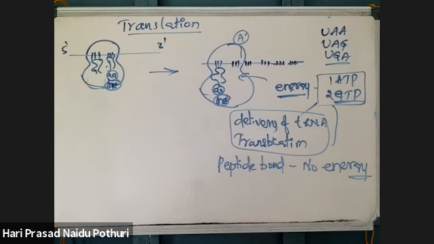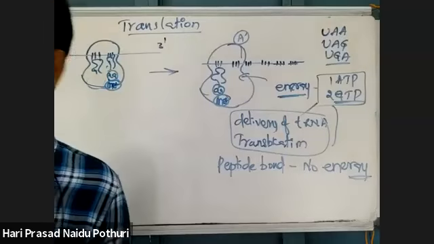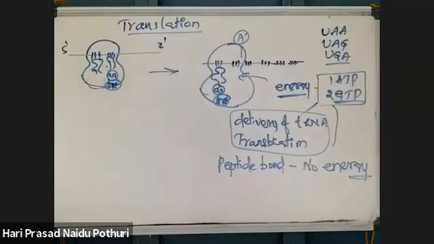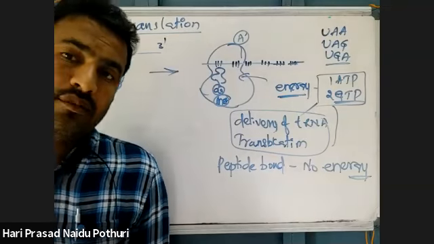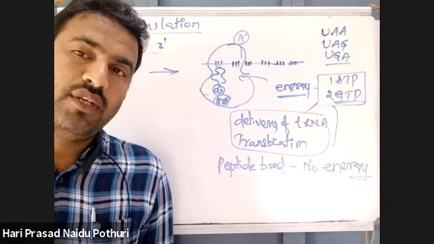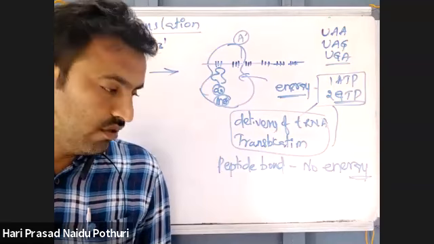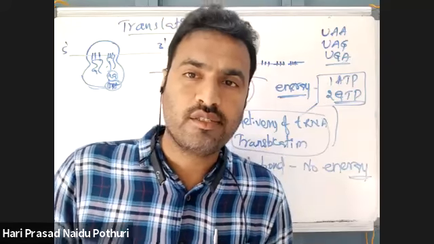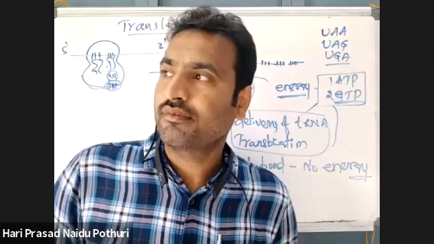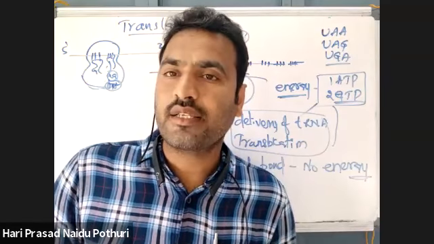Next point. B. Peptide bond formation between two amino acids over two tRNAs in the P site and A site.